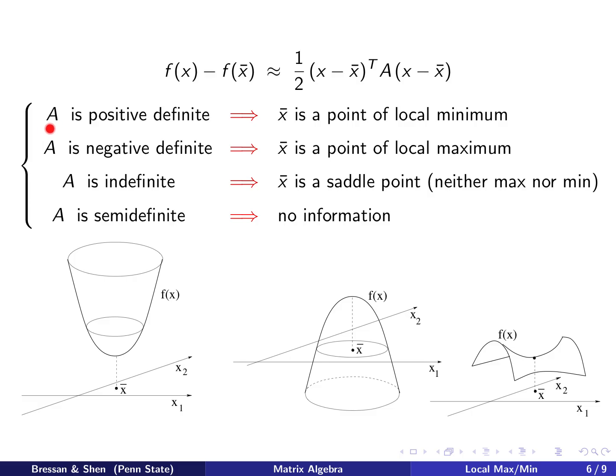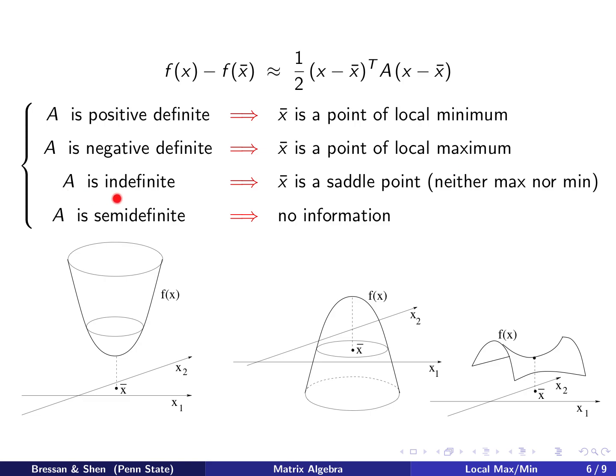If you find that all the eigenvalues of A are positive, then this is positive definite, and then x bar would be a local minimum point. Secondly, if A is negative definite, meaning all the eigenvalues of A are negative, then this x bar will be a local maximum point.